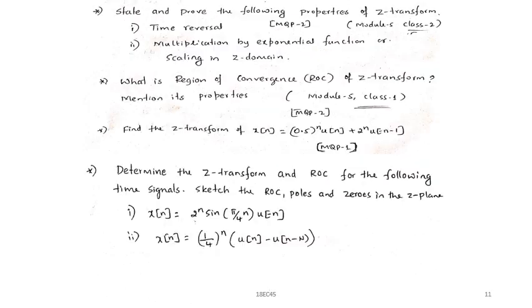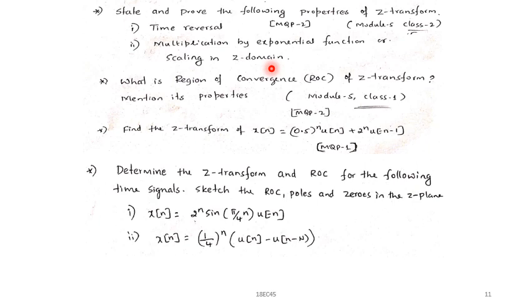So these are some of the problems and theory questions which appeared in the model question paper. Then, state and prove the following properties of the z transform. It appeared in model question paper 2, and explain this in the properties of the z transform class. One is time reversal, the other one is multiplication by an exponential function, also called scaling in z domain.